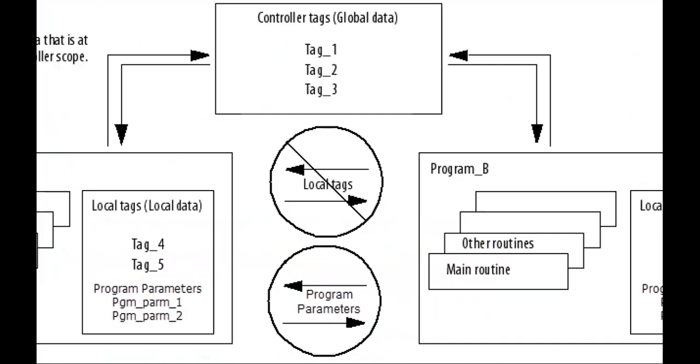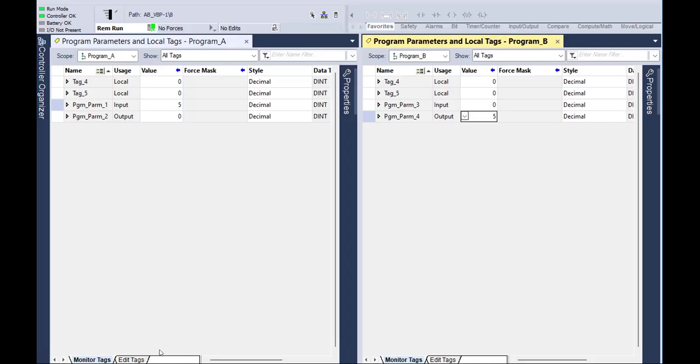If you set it up as a local, they don't connect to each other. But if you set it up as a program parameter, you can have this sort of connection, almost like a backdoor, but you have to set it up, right? Same thing here.